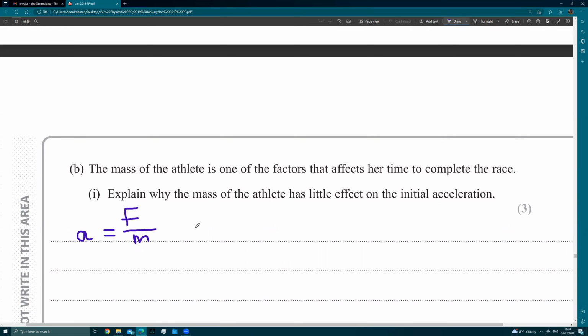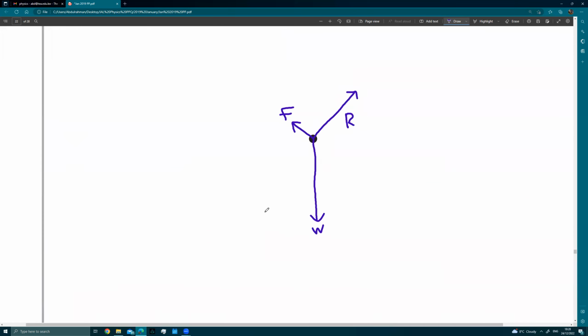So we have to consider what is the resultant force acting on the athlete. Well, we know that vertically, i.e. perpendicular to the path, the resultant force is 0. However, horizontally, there is a resultant force because he is accelerating along this direction. So let's consider the horizontal components.